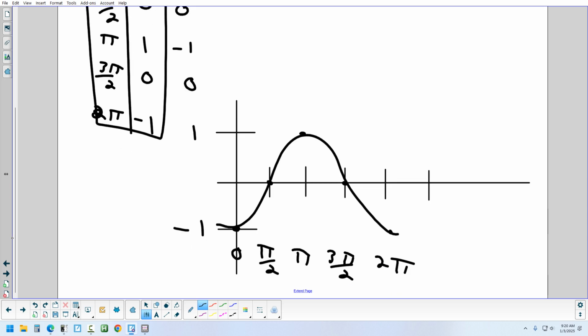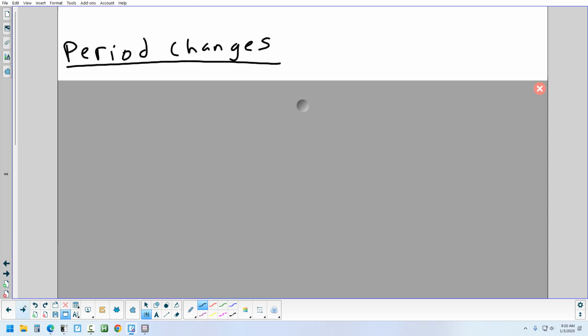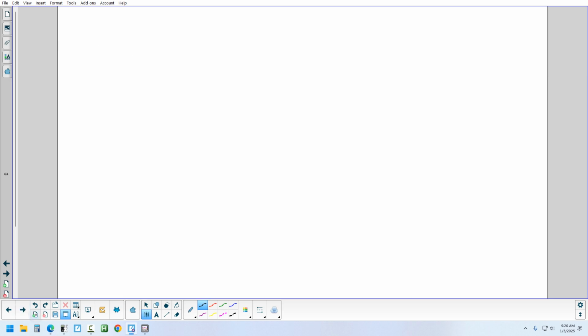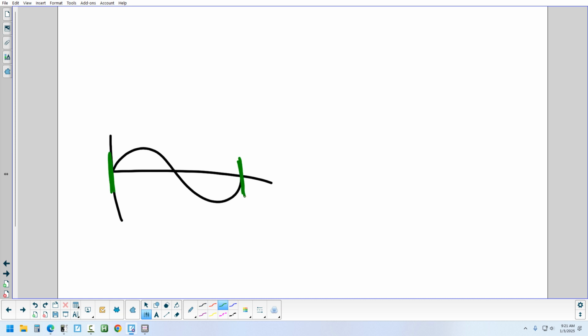All right, so we've done both shifts. We've done the vertical stretch. The last one is the horizontal stretch. Like some of the other transformations, they use a different name. They call it a period change. What is the length of the period, or the length of the cycle, in every problem we've done up until now?